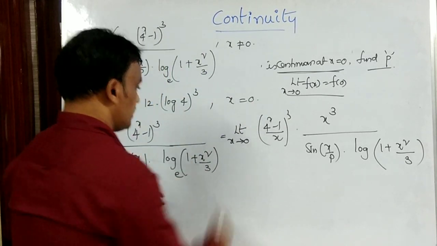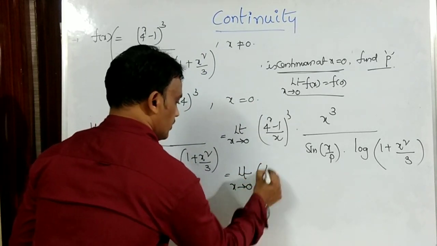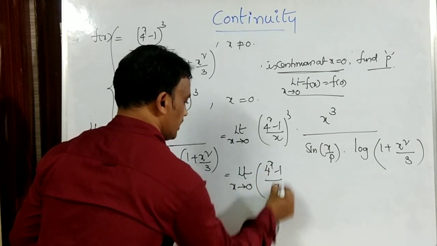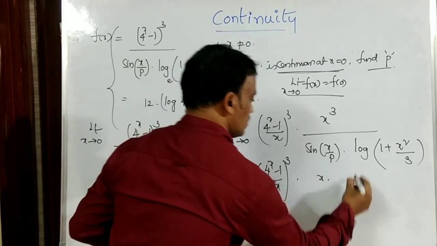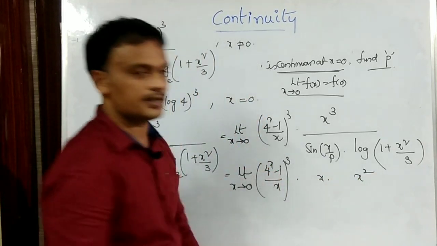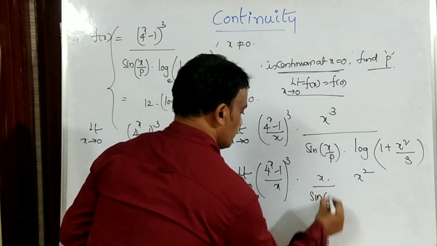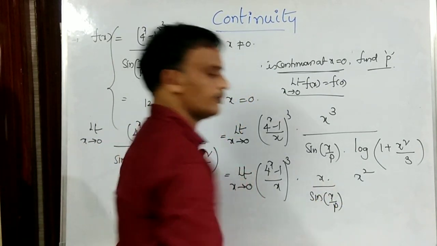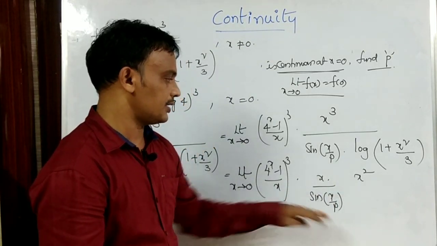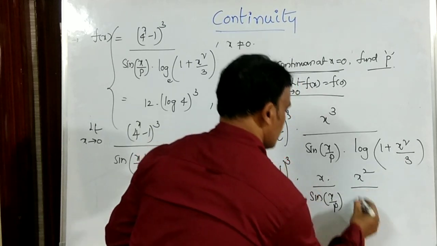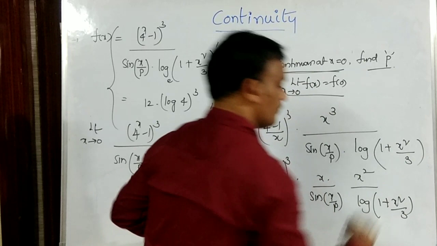Now this can be written as limit x tends to 0, the first term as is, (4^x minus 1) by x whole cube, and x cube can be written as x into x square, by sin of (x by p) by (1 by x), and the logarithm of 1 plus x square by 3.